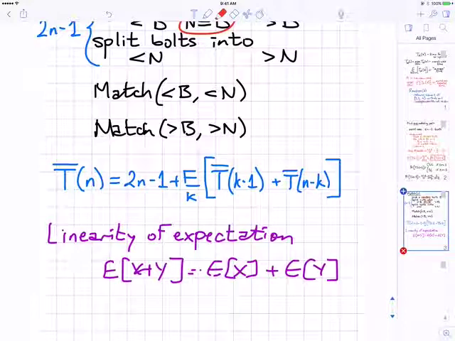And this linearity is one of the big important tools that we use when we're analyzing algorithms, because we want to factor ultimately what is a count, a sum of how many things happen in this part of the algorithm versus how many things happen in that part of the algorithm, and be able to analyze them separately, even though they might depend on the same random numbers. Okay? All right.